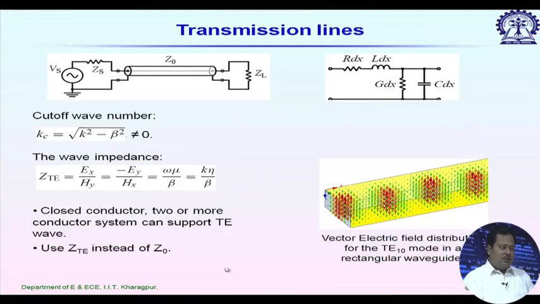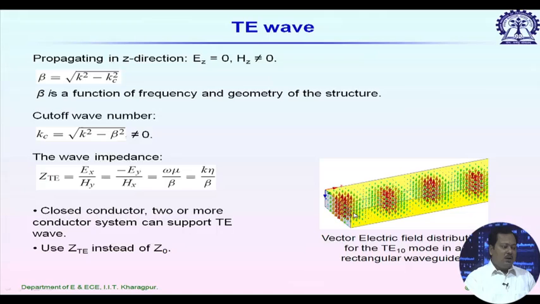So next is TE wave. One popular guiding structure that supports TE wave is the rectangular waveguide. In this case, by definition, Ez is equal to 0, since we are considering propagation in the z direction, and Hz is not equal to 0, and beta is equal to root of k square minus kc square.